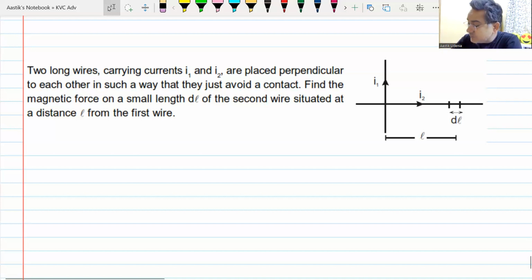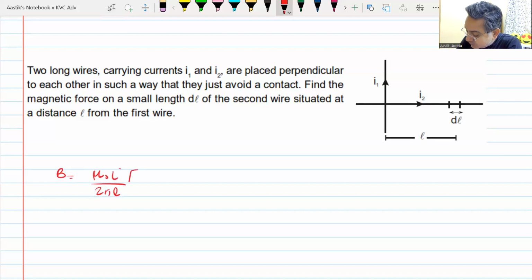So first of all, you have to find out the magnetic field. The magnetic field is mu naught I1 by 2 pi L. We have to multiply it by I2 into dl. That will be the magnetic force. The magnetic field is inside, yes or no?